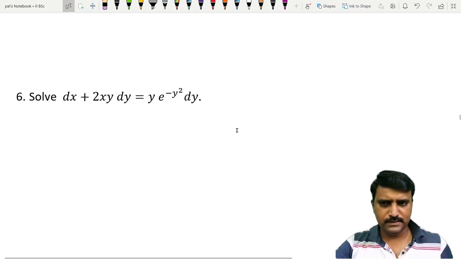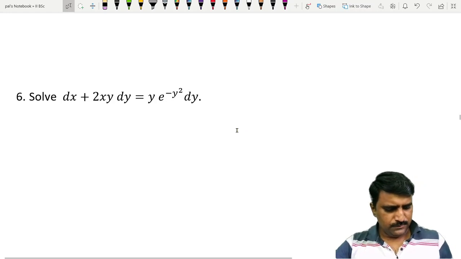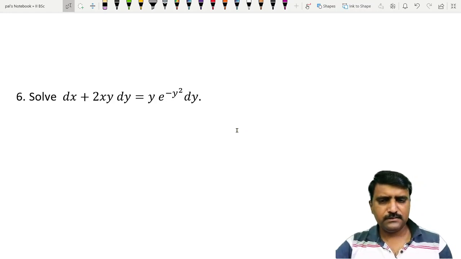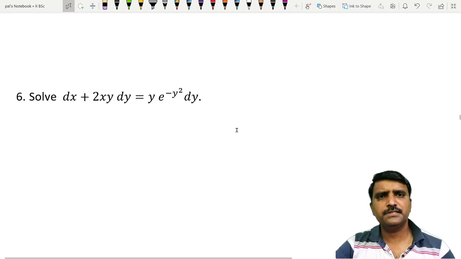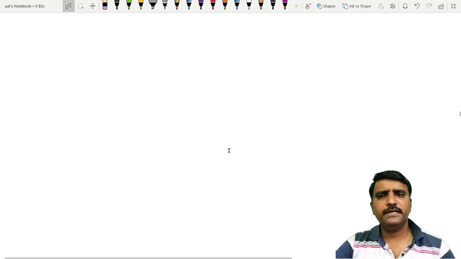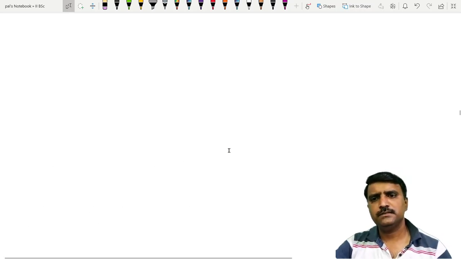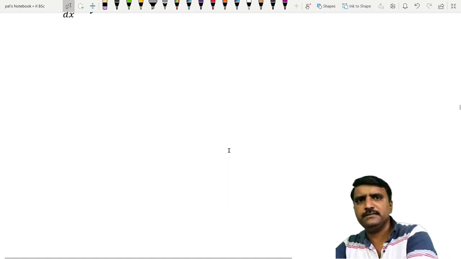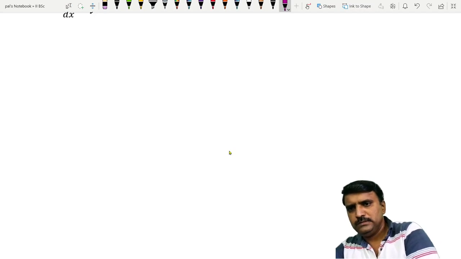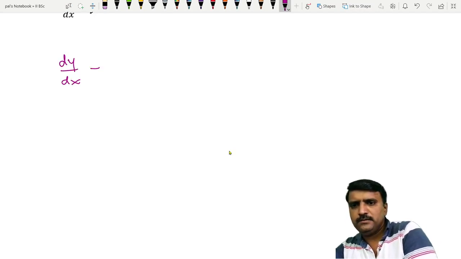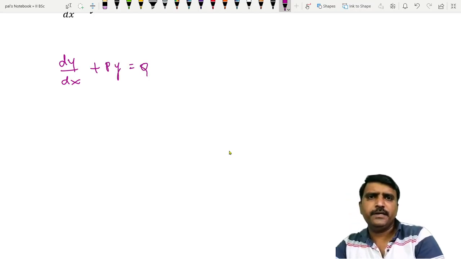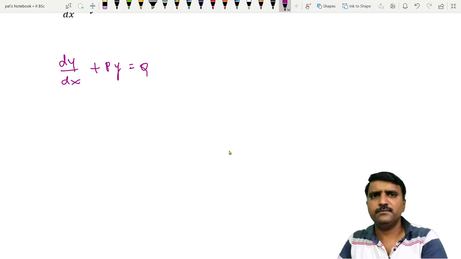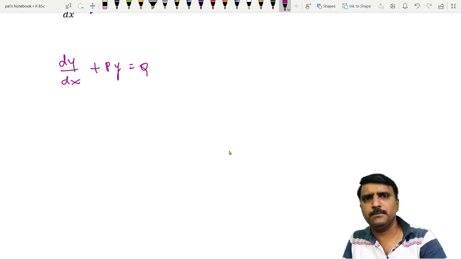Sometimes, if the given differential equation is in the form dy by dx plus p into y is equal to q, where p and q are functions of x, you know how to solve the differential equation.